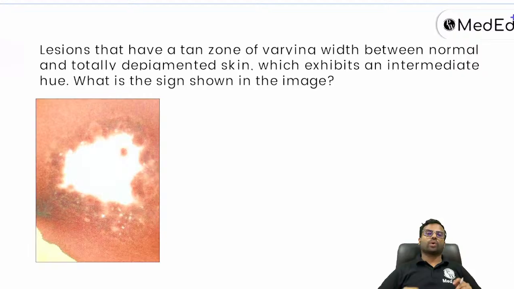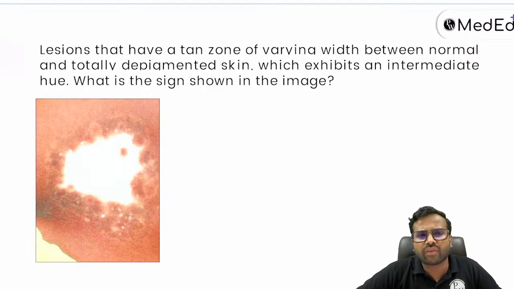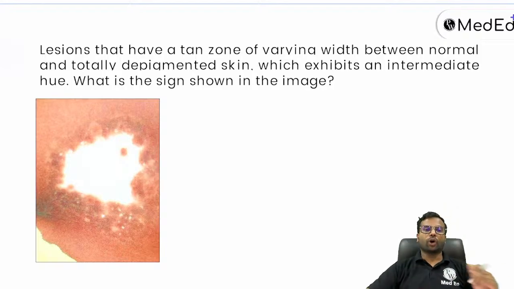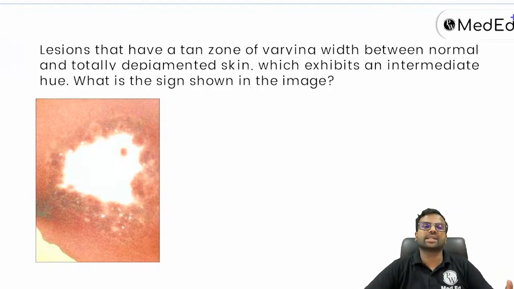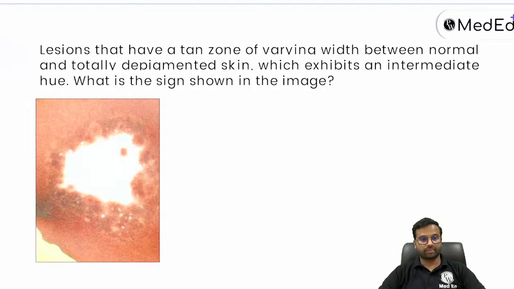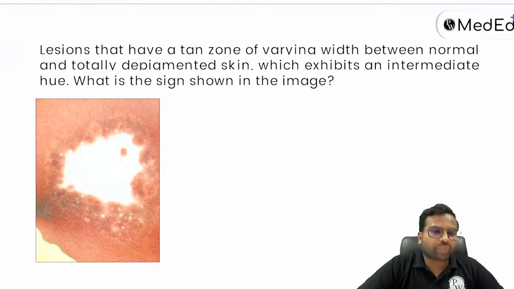In this next one, lesions have a tan zone of varying width between the normal and totally depigmented skin, which exhibits an intermediate hue. What is the sign shown in the image? Let me explain it with the image itself.